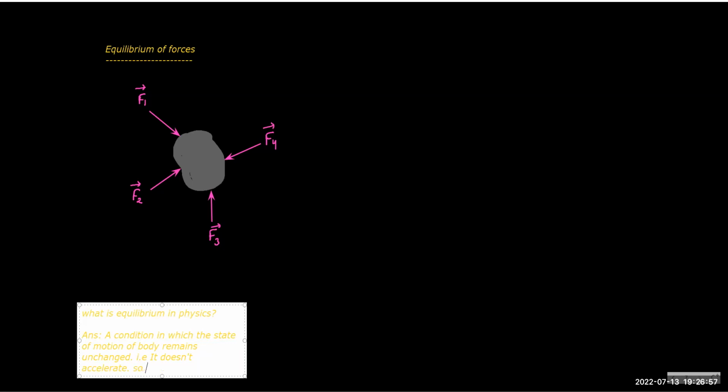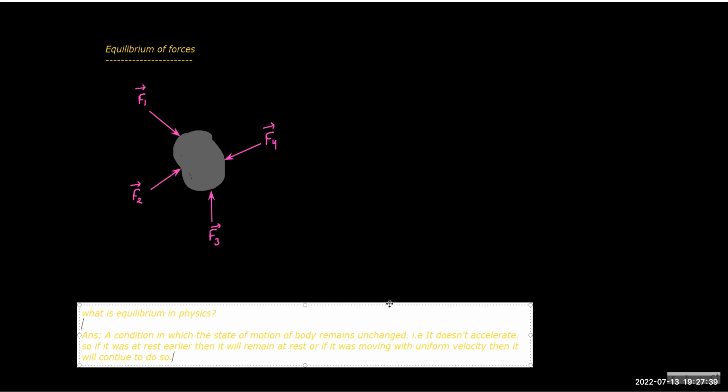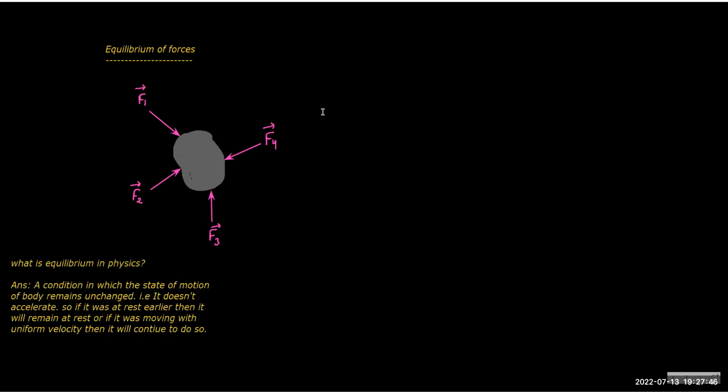So if it was at rest earlier, then it will remain at rest, or if it was moving with uniform velocity, then it will continue to do so. Okay, so that is the meaning of equilibrium.